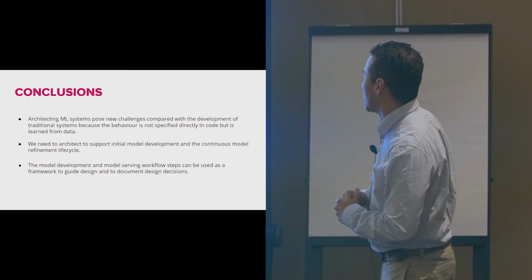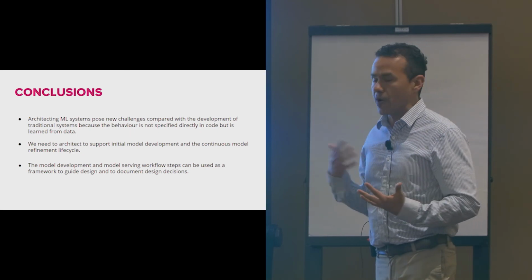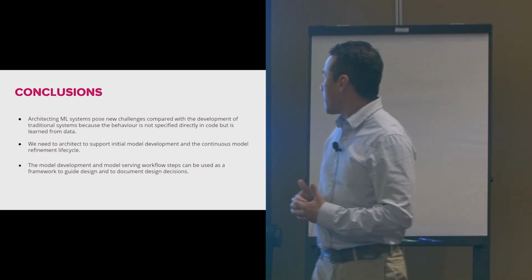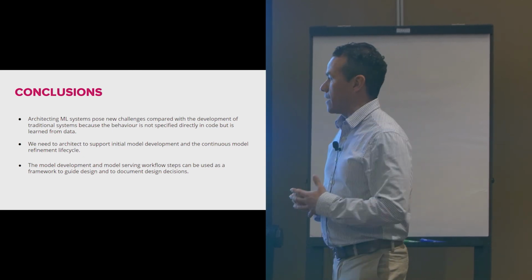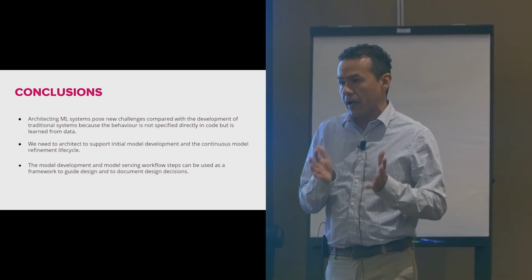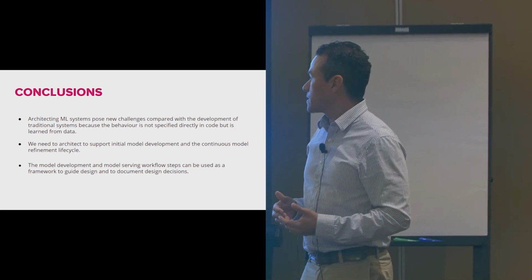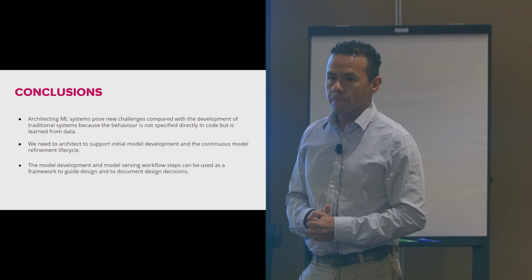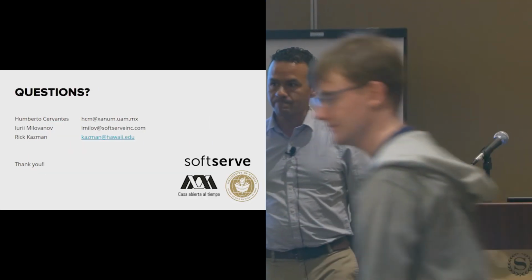We can't just focus on one of the two: initial model development and this continuous model refinement cycle. And hopefully this framework that we presented can be used as a guideline or provide guidance in designing machine learning systems in a systematic way. So that is it. Thank you very much.